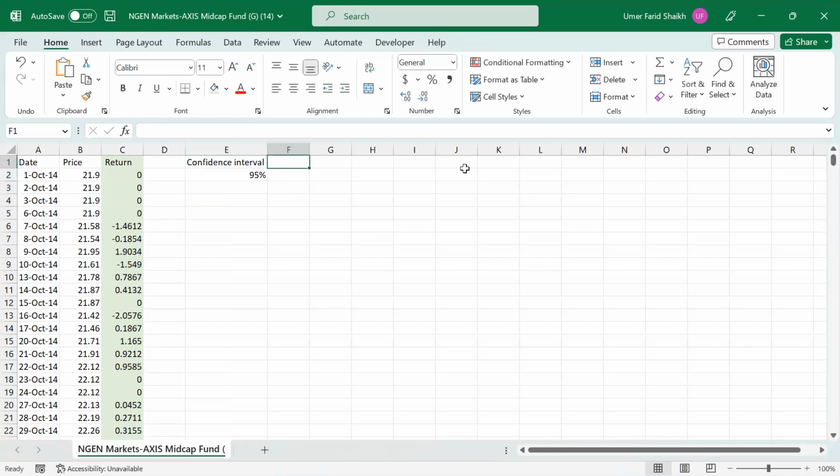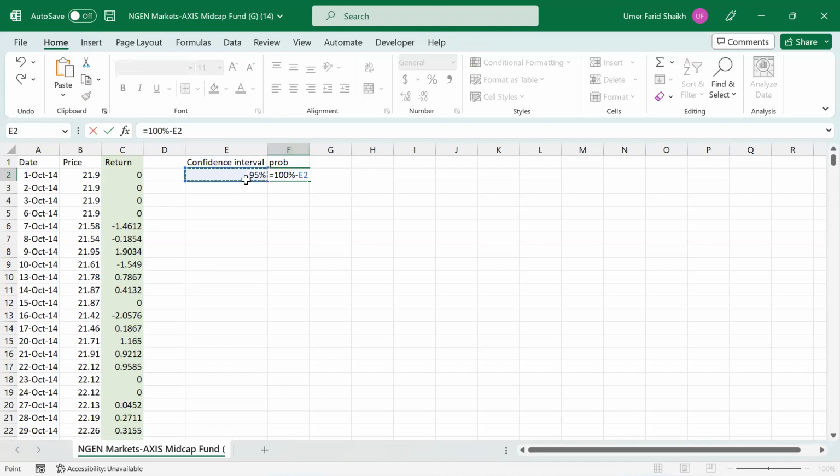The probability which gets generated is the difference between 100 minus 95, which gives you a probability of 5%. I'm just going to subtract this from the system itself, and then you can see that our probability is 5%.